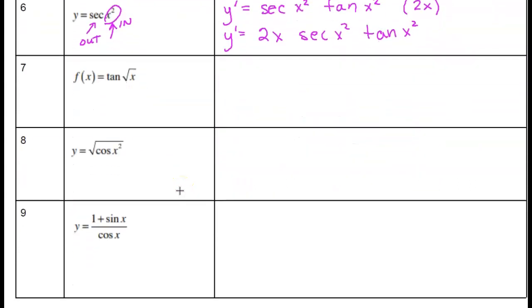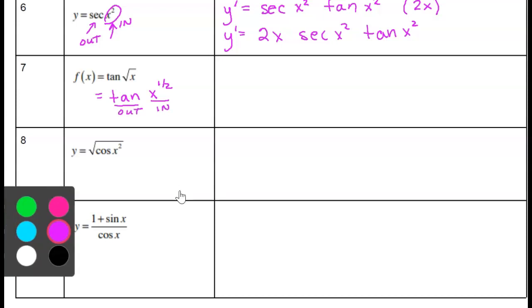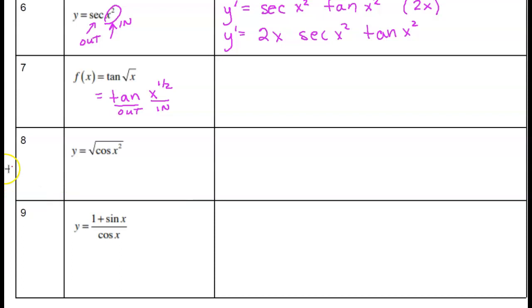Okay, let's look at number 7. I do want to rewrite this. So this is inside, and this is outside. So we start by taking the derivative of the outside, tangent, which is secant squared. The inside stays the same, so I'm just going to write it back as that root x.